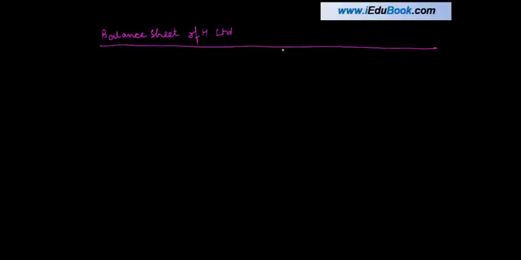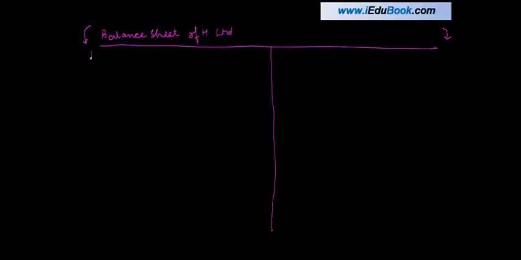So let's say this is my balance sheet of H Limited. Again, assume this to be in the vertical format. The way I'm doing is as per the revised Schedule 6, but to avoid space, I'm preparing the liability side here and the asset side here.